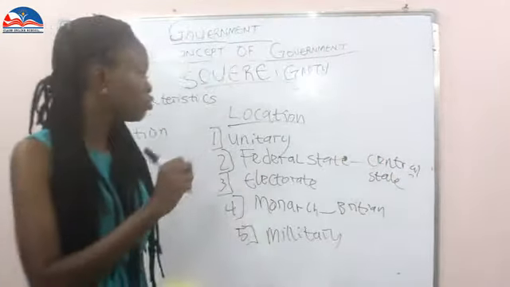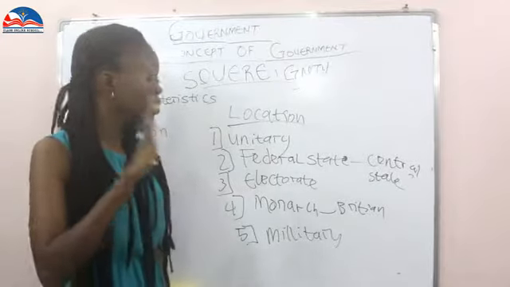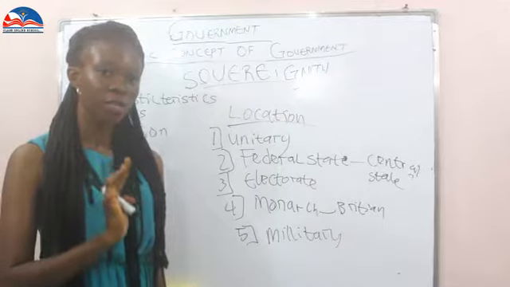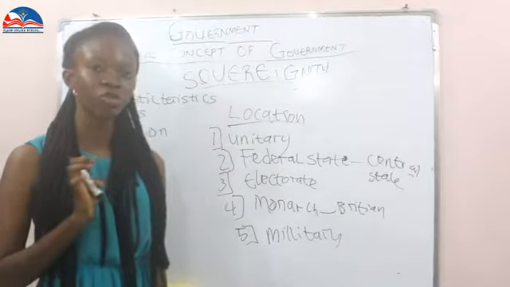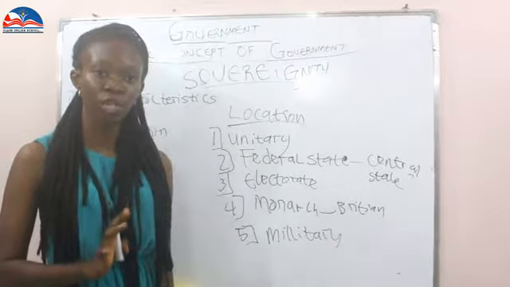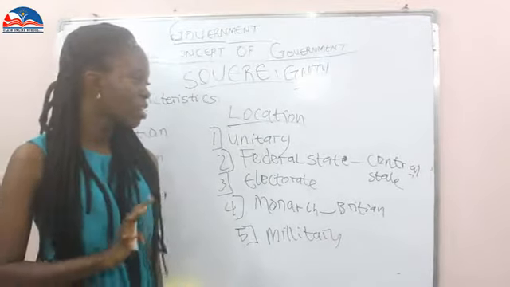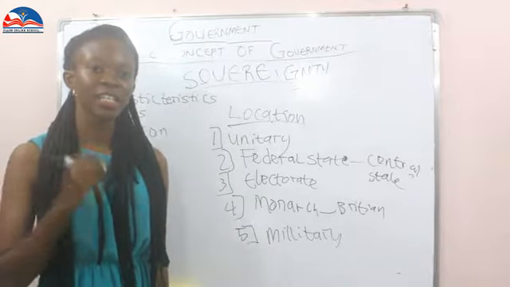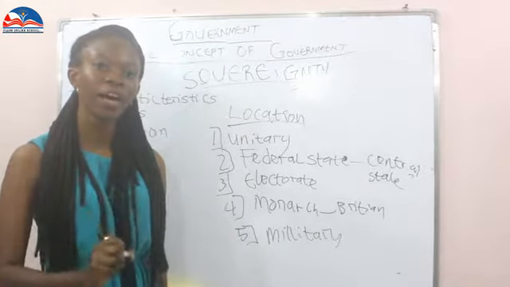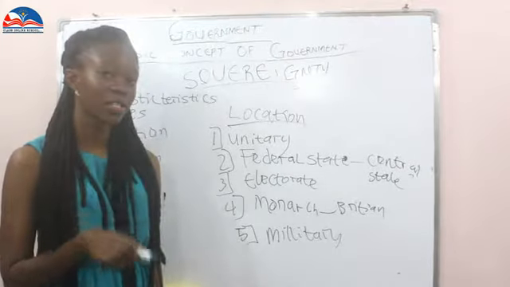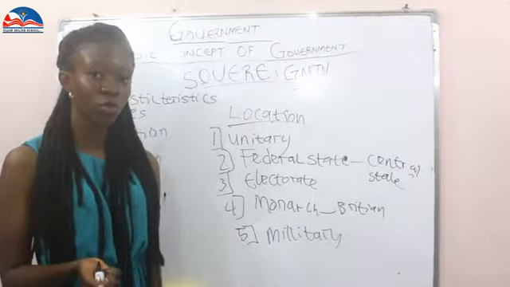The first one I mentioned, Belgium, is a country that practices that system of government. So in a federal system like our case, Nigeria, we can see that sovereign power is vested on the central, provincial or state government. So we can see where the location is.